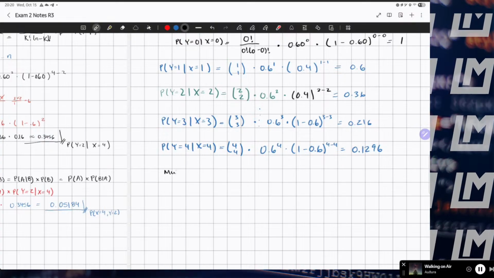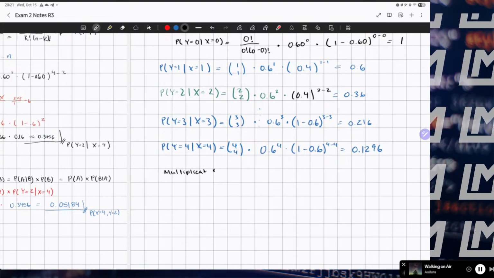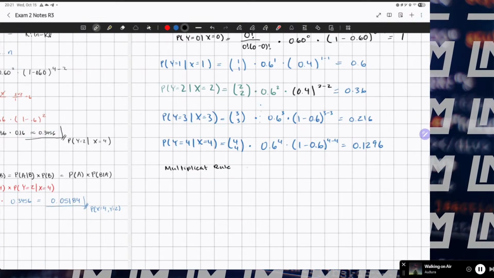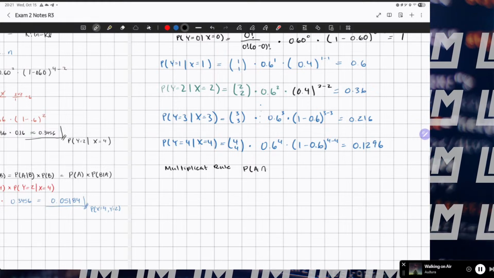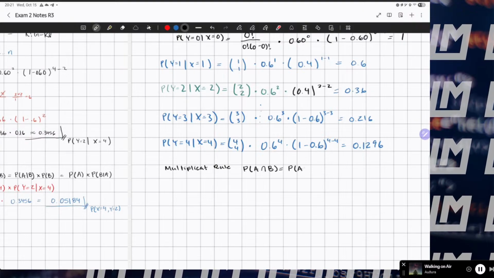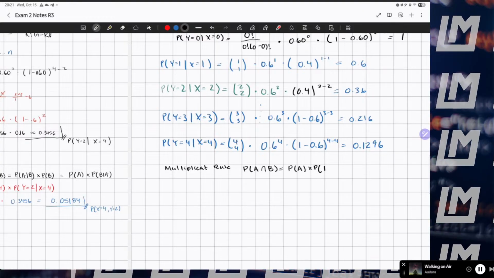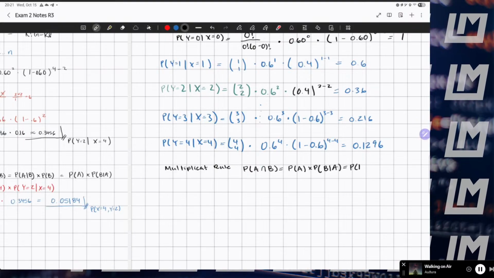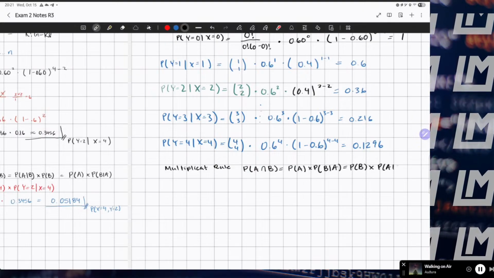So the multiplication rule is the probability of A and B is equal to P of A times probability of B given A, which is also equal to the probability of B times the probability of A given B.